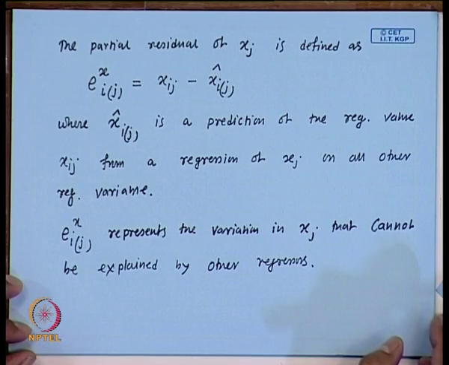Now we have understood the technique of the partial residual plot, and we have some idea about the logic behind it. Next, what we do is fit two regression models and get two residuals, and now our aim is to find out the relation between these two residuals, whether they are linearly related or there is some other relation between them. Okay.